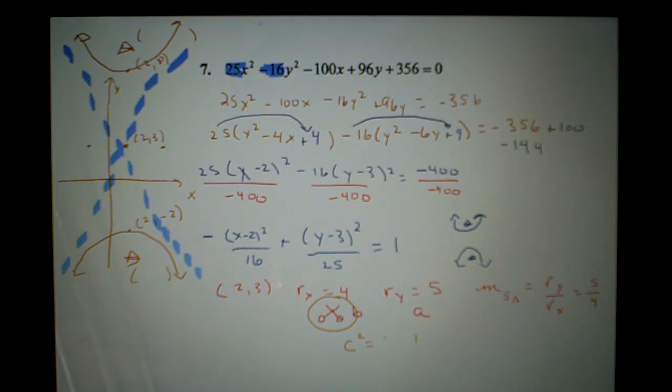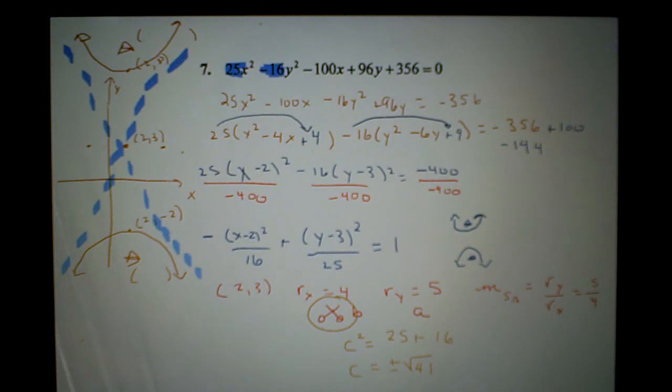So we're going to add the other two, a squared plus b squared. And 25 plus 16 is 41. And I write the plus or minus there to remind myself to do both.